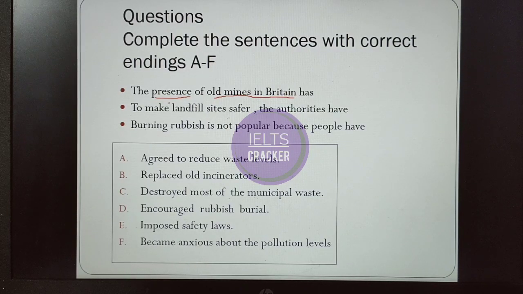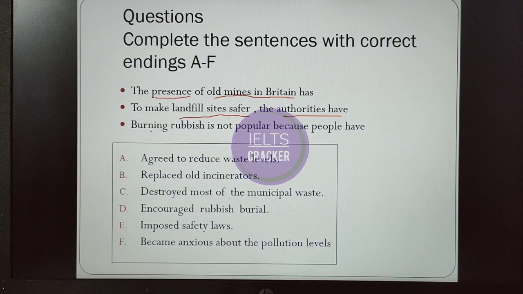Okay, next question is to make landfill sites safer, the authorities have. So here they are asking about what kind of steps the authorities have taken to make the landfill sites safer. Next is burning rubbish is not popular because people have.